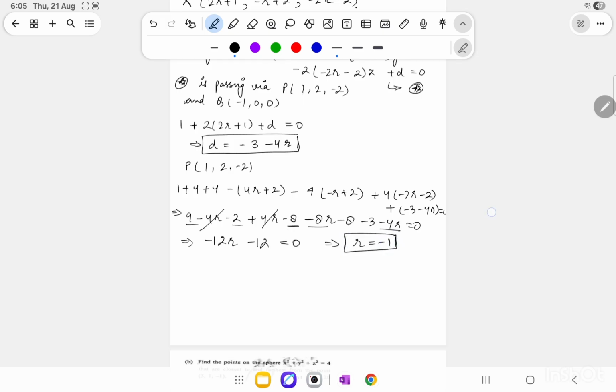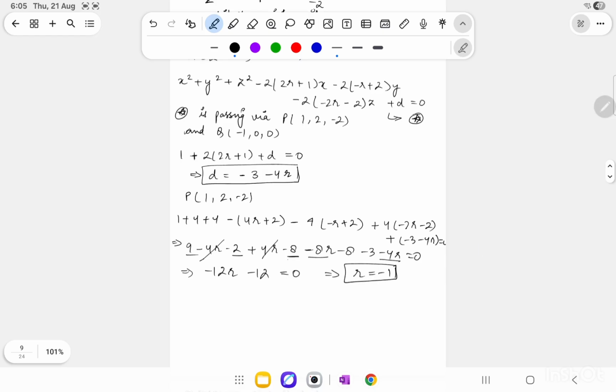If I substitute the value of r as minus 1 in star, I'll get my equation of sphere as x² + y² + z² + 2x - 6y, plus my d, which is -3 + 4, basically 1, equals to 0.